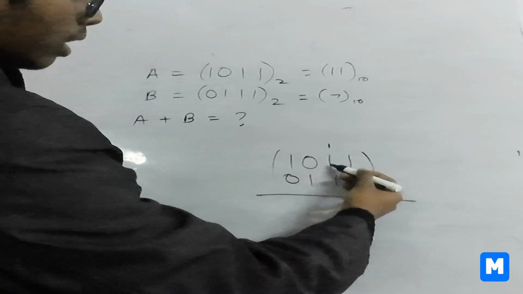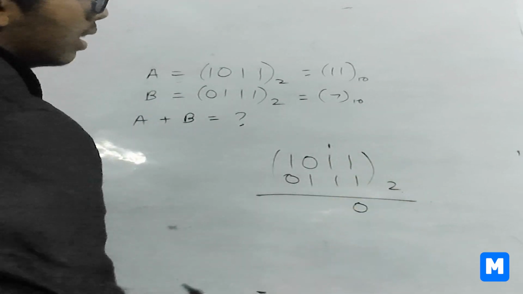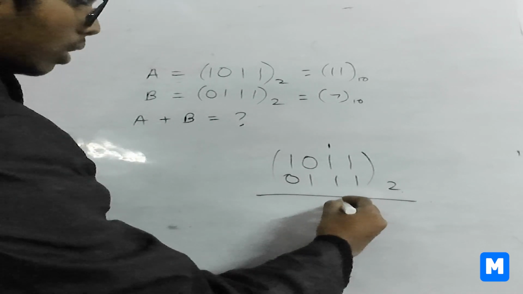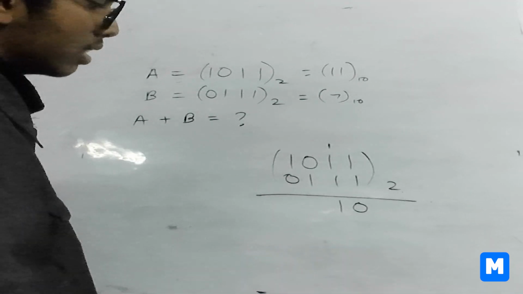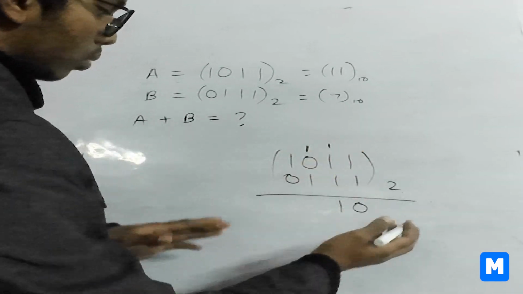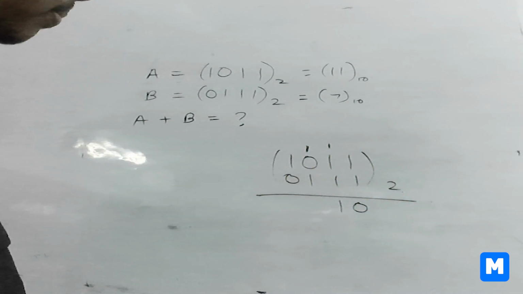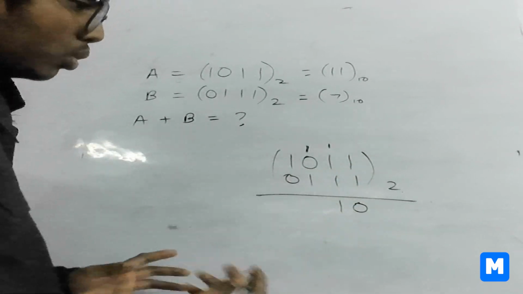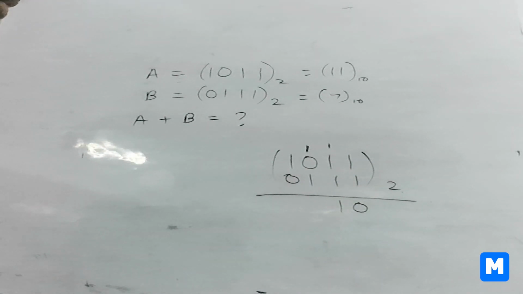Again 1 plus 1 plus 1 is 3, but 3 in binary is 11. So we retain the 1 and carry over the next 1 to our next addition. Here 1 plus 0 plus 1 is 2 in decimal, which is 10 in binary.